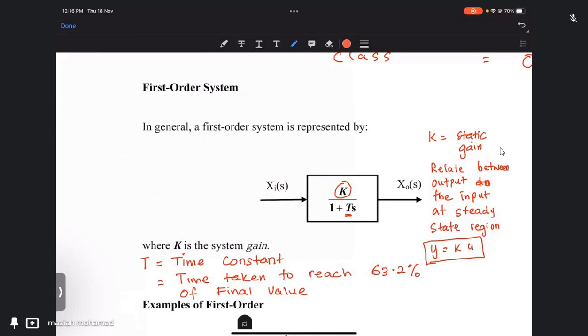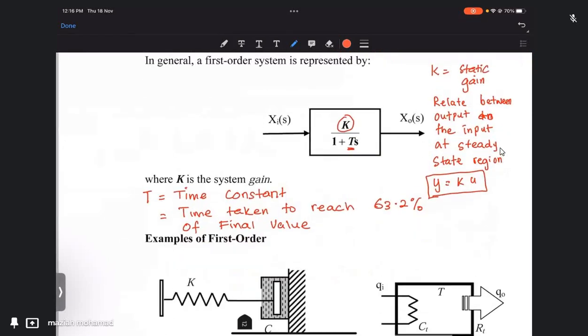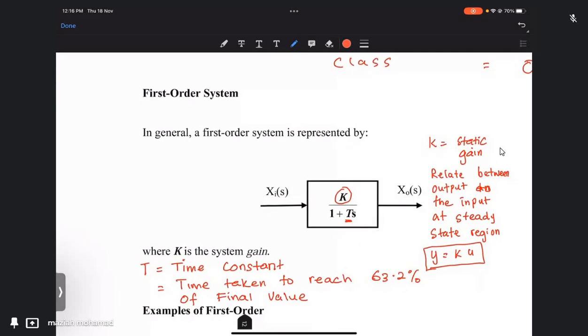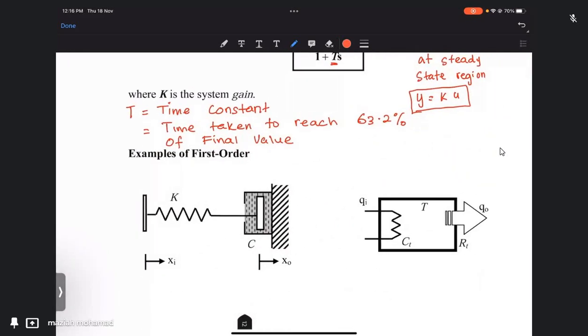All right. Okay, so the example of first order system is spring damper system. We already derived this system, spring damper system. And you will see that the highest order for the ODE will be first differentiation. We only have c dx naught here.